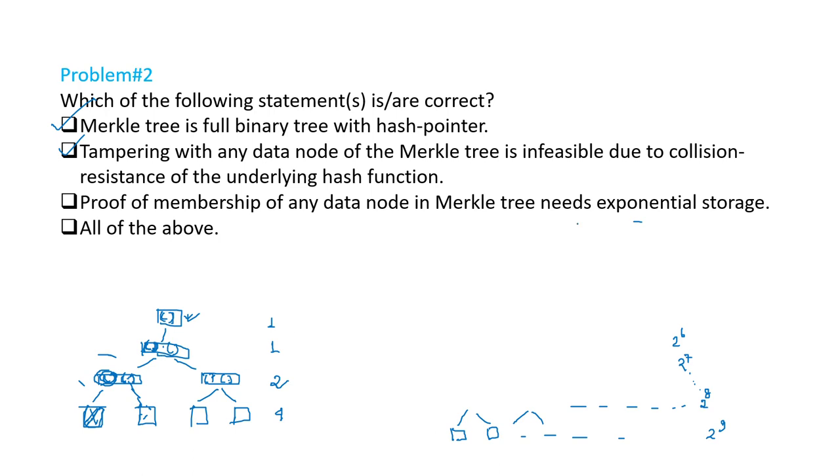So if n is the number of leaf nodes or data nodes, then log n storage is required to provide the proof of membership for the data node. So it is not exponential, of course. So this statement is wrong. Okay, that's it.